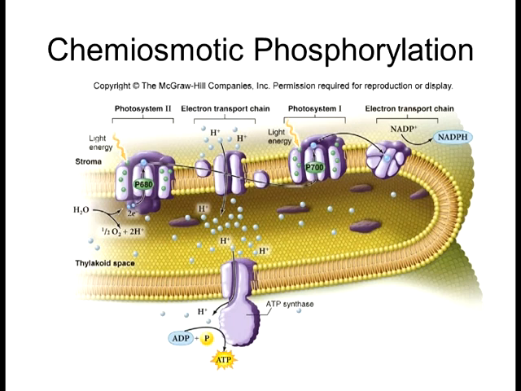They all come into play right here. All right, so the electron, as it travels down the electron transport chain, gives its energy and allows these proteins to pump hydrogen ions from the stroma into the thylakoid disc space.